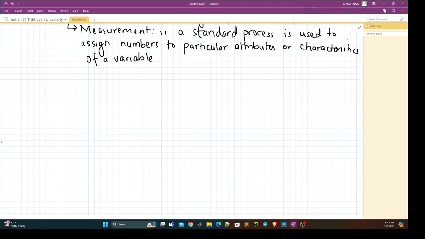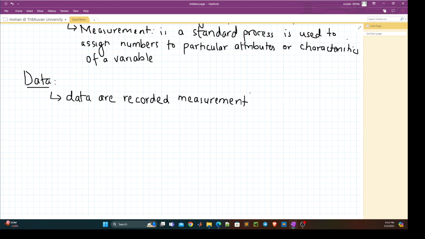Okay, what is the data? Data are recorded measurement.